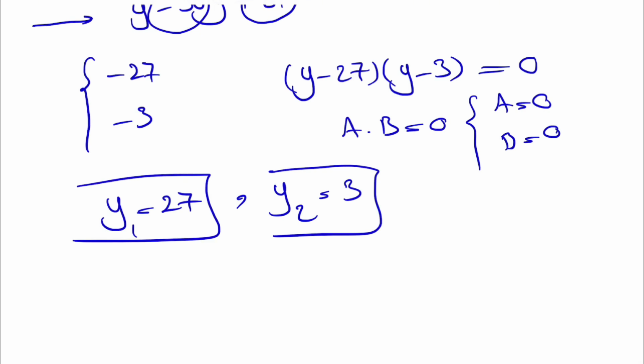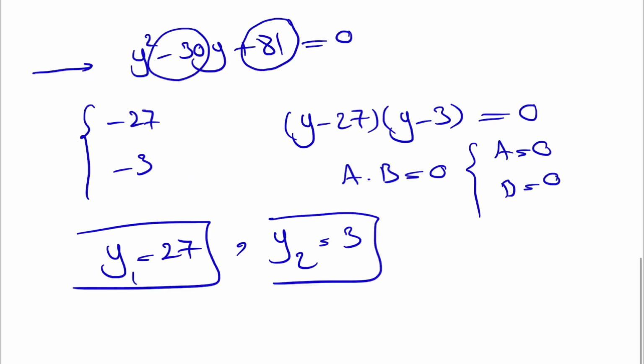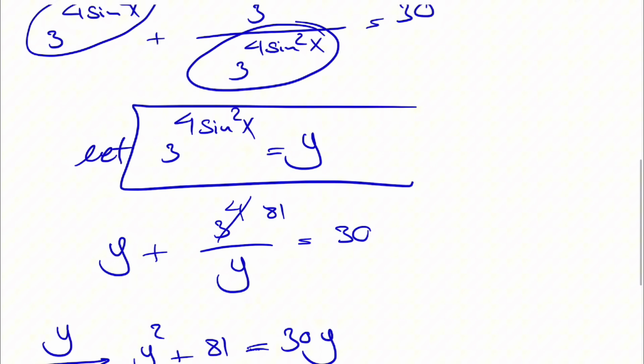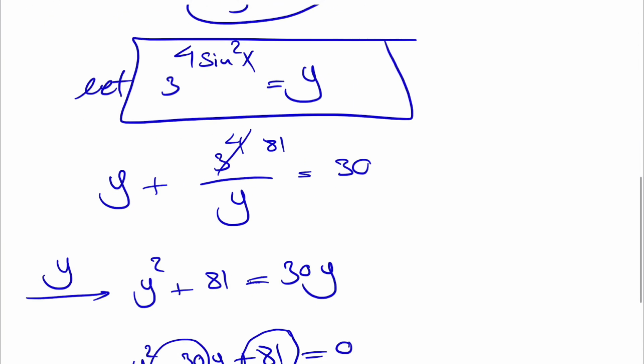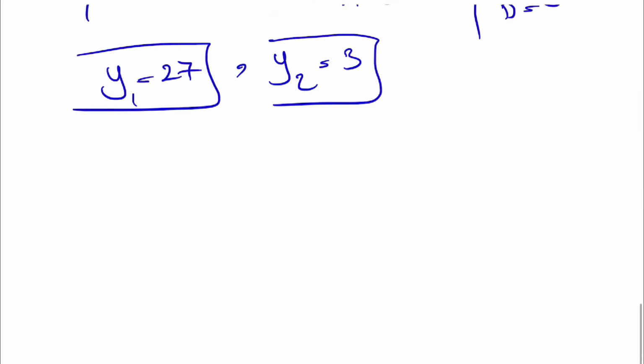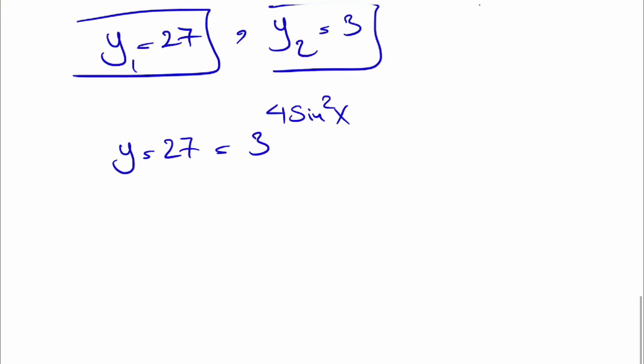This is not over yet, because what we called y in the previous step was 3 to the power of 4 sine squared of x. So now we have two different equations to find the x, which is what we are interested in here. Let's go with y is equal to 27, which was 3 to the 4 sine squared of x is equal to 27.